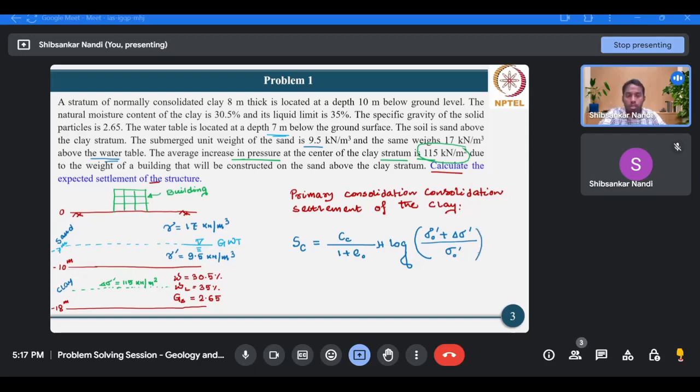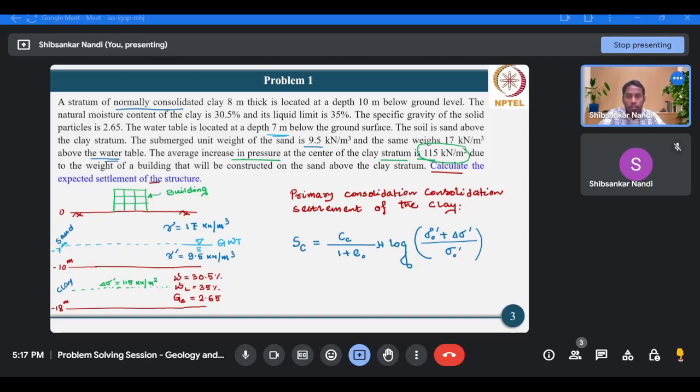And this equation is only valid for normally consolidated clay, and it's explicitly mentioned in the problem statement that the clay we are dealing with is in the category of normally consolidated.